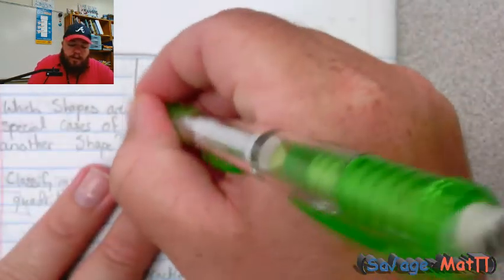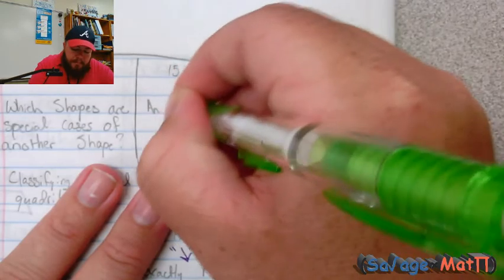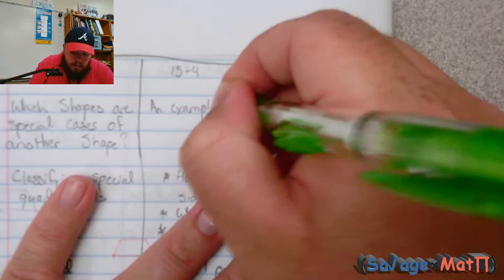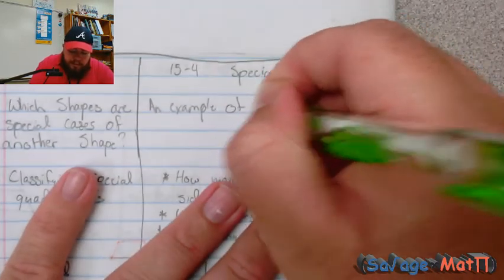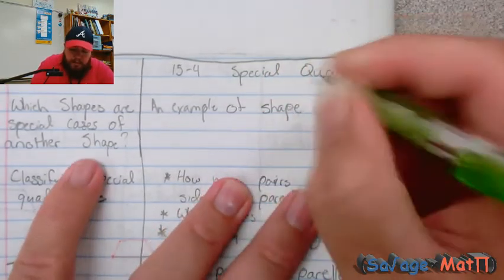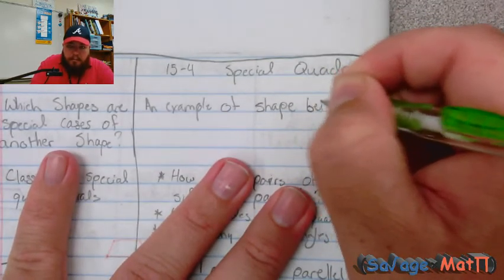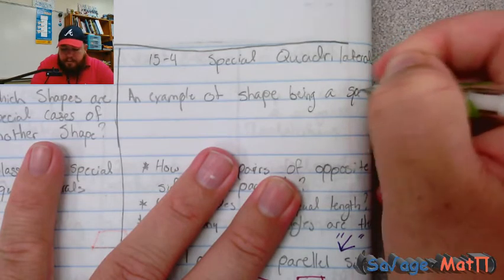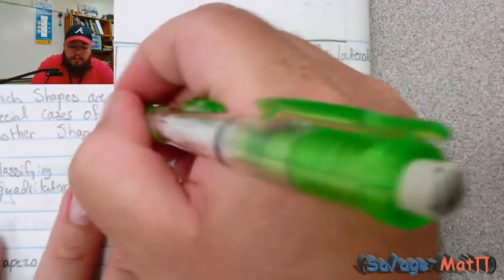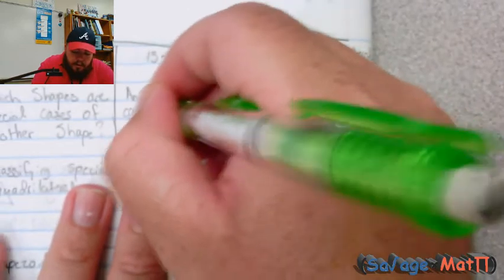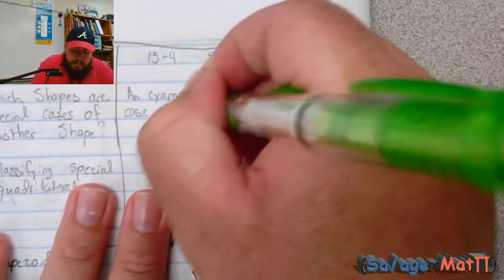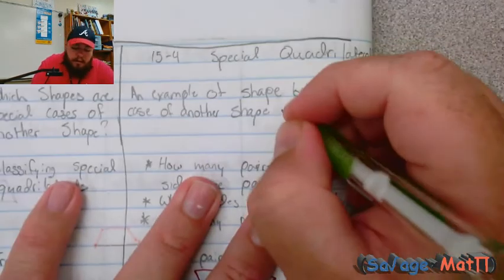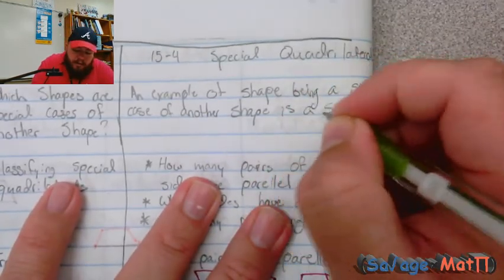So I'm going to write an example of a shape being a special case of another shape is a square.